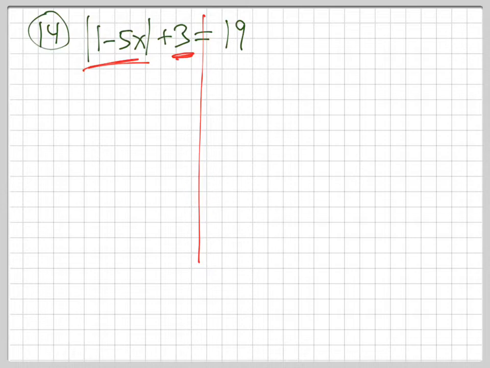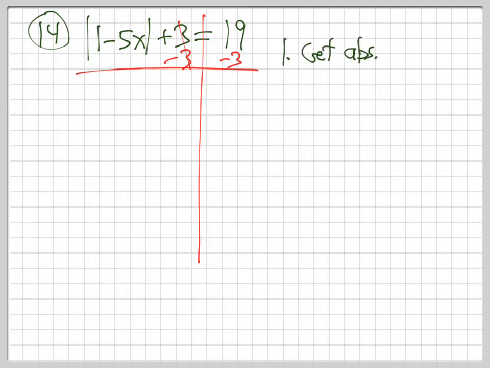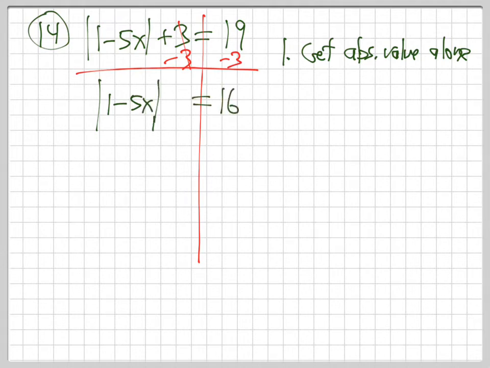But on 14, so what's my first step? What's going to get rid of that 3? Yeah, subtract 3 from both sides, exactly. So there's step 1, get absolute value alone. So then we have absolute value 1 minus 5x equals, what's that, 16?